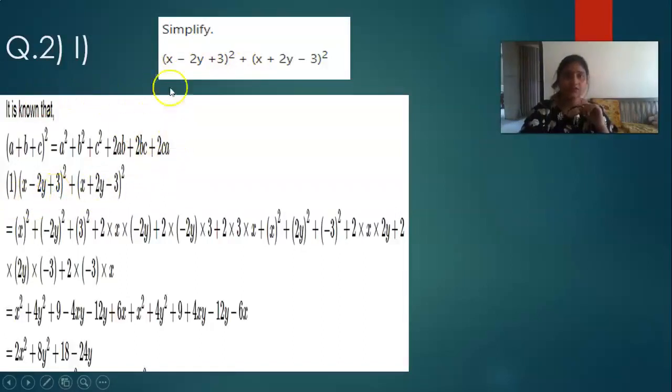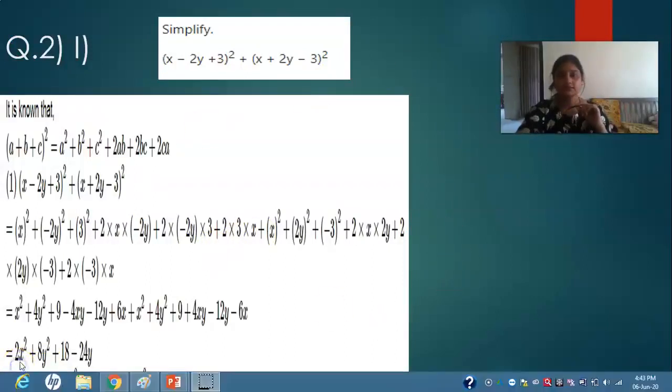The same formula you have to apply in both the brackets: a square plus b square plus c square. Similarly, you will get the answer. If you have any doubt, you can go through the solution. Okay. Now, in this way, your chapter is finished. That is the expansion formula. Solve the remaining problems and try to understand if you are not getting it.